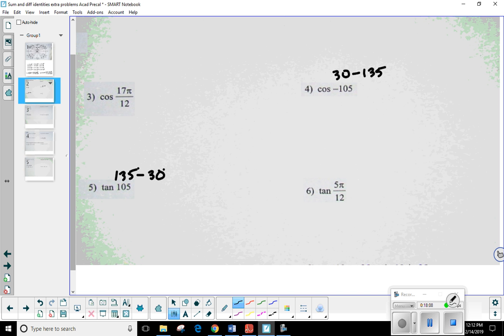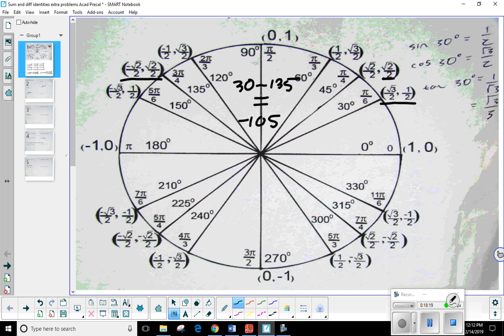Or does anybody want to go ahead and use a different pair of angles? Does it really matter? No? You want to go 360? Okay. Now we're looking for a 105.